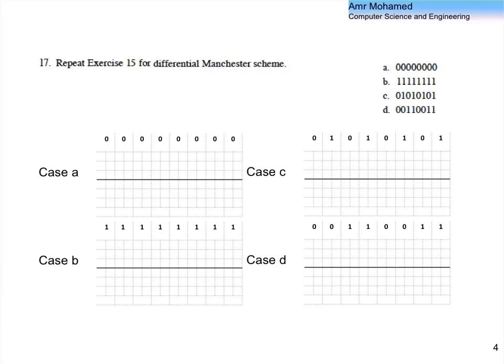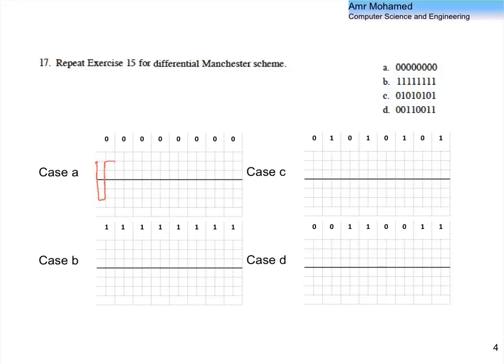Alright, so repeating the same exercise for differential Manchester. Remember, for differential Manchester, the way it works is that if there is a 0, then you start by toggling first, and then you toggle once more in the middle of the bit. So each time we have to toggle once in the middle of the bit.